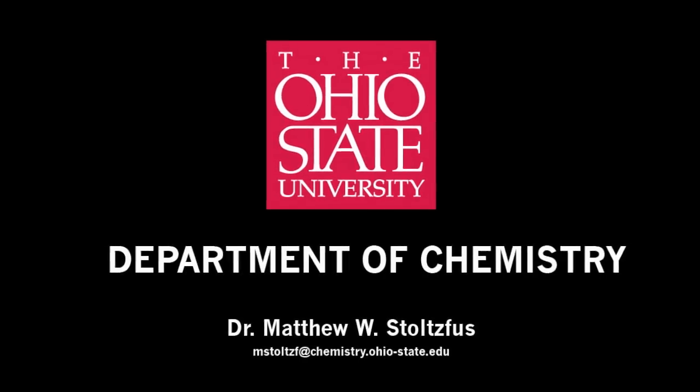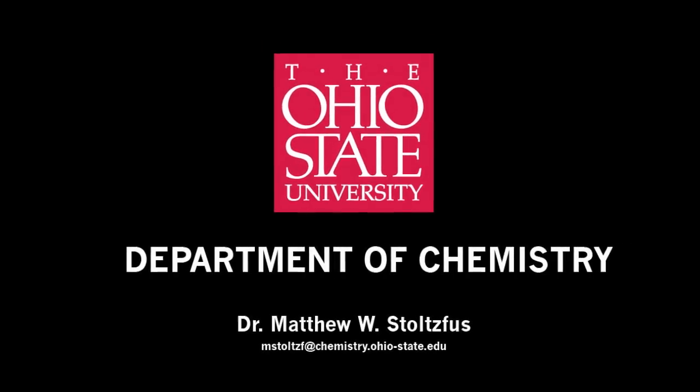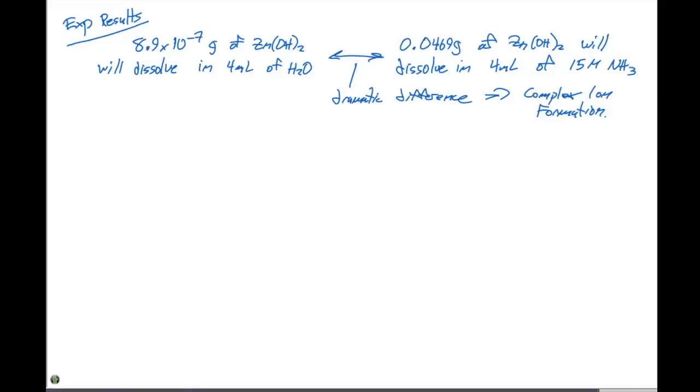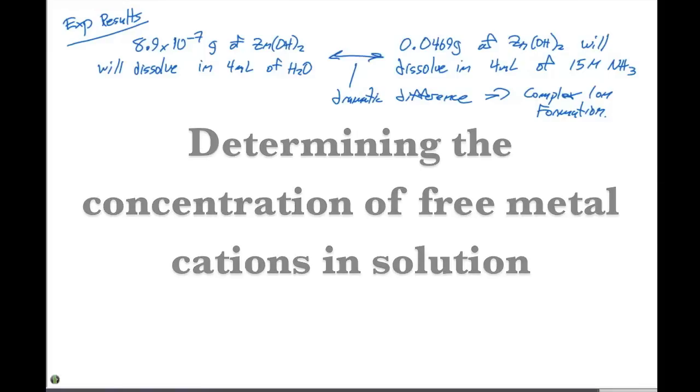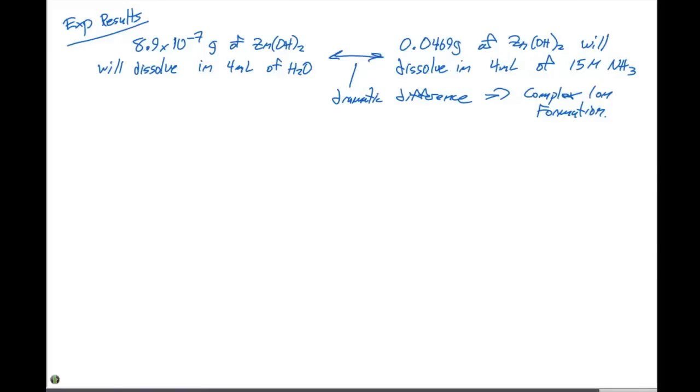So the next type of problem that we're going to perform is one that asks us what is the concentration of a particular metal cation in solution after the complex ion has formed. The example that we're going to look at is silver.